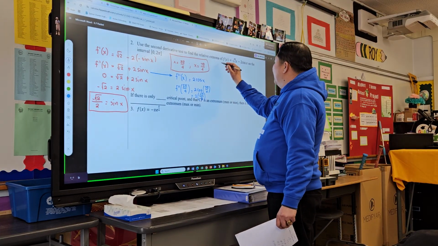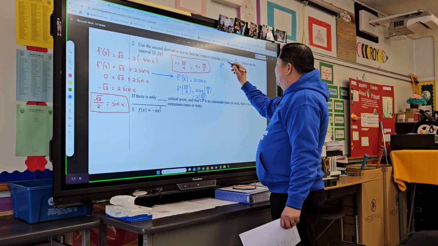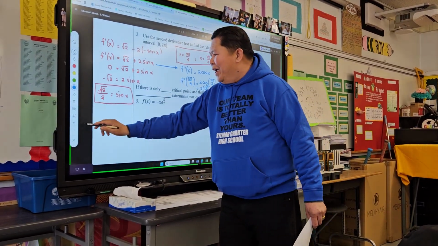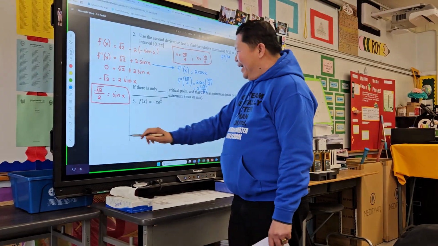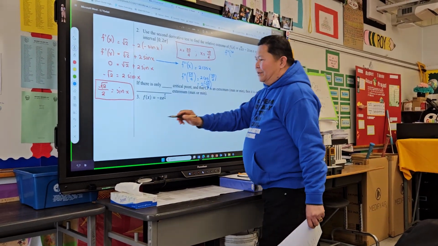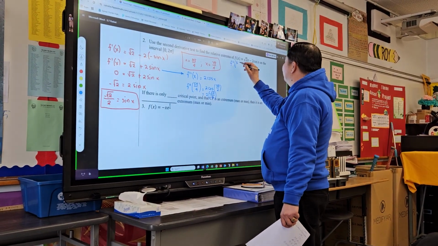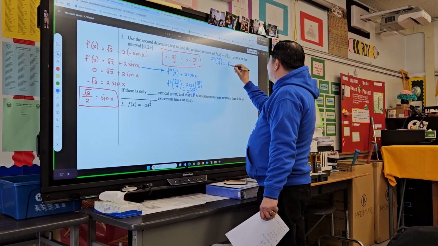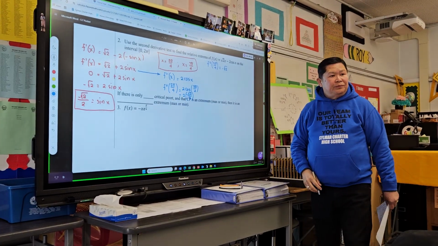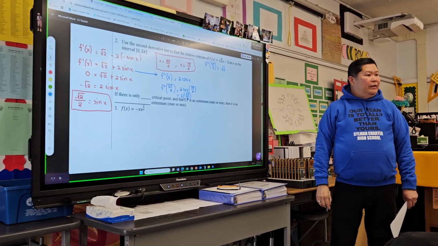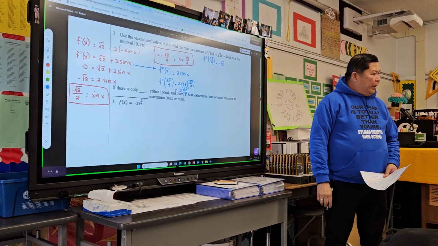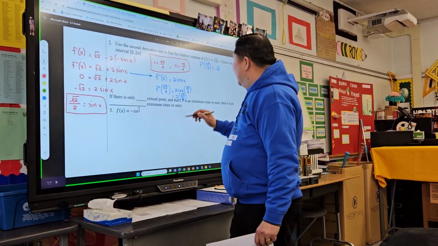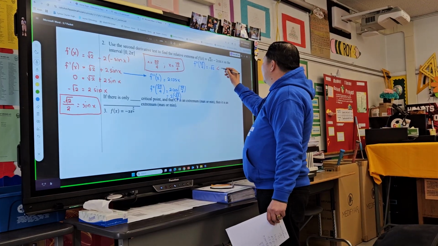So f double prime of 5 pi over 4, I'm sorry guys, I wrote 5 pi over 4 incorrectly earlier, is equal to negative square root of 2. But what is negative square root of 2? It's going to be less than 0. Am I right, guys? So I'm using red color to show that this is less than 0.